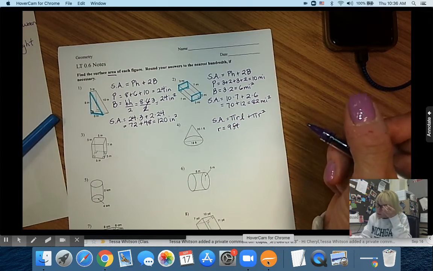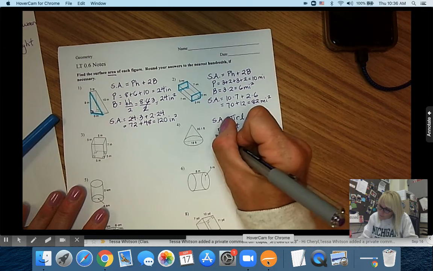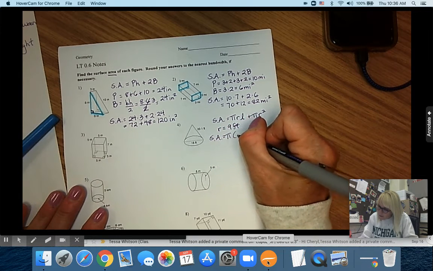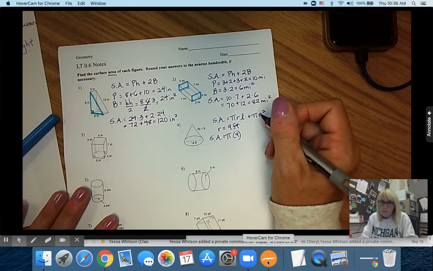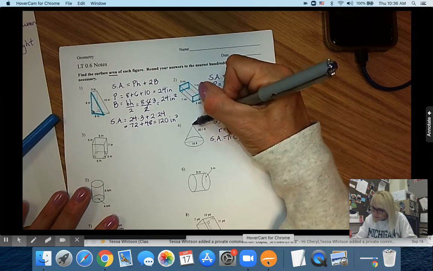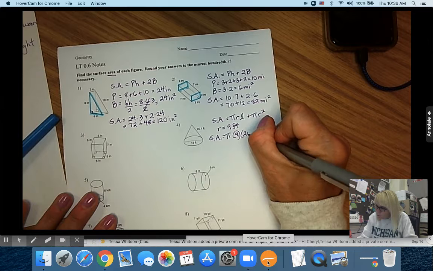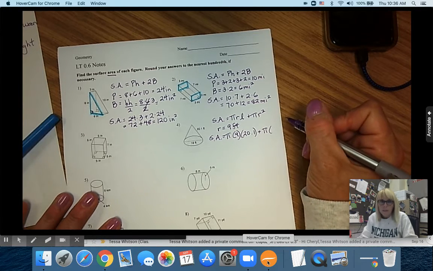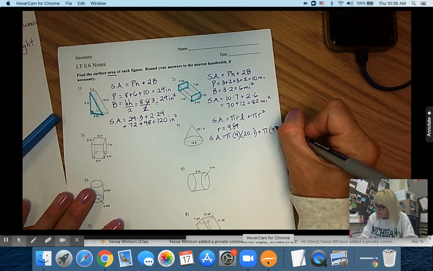Okay, so now I'm going to plug into this formula. Surface area equals pi times the radius times the slant height. Now the slant height is this number, so times 20.1, plus pi times the radius, which again is 9, squared.